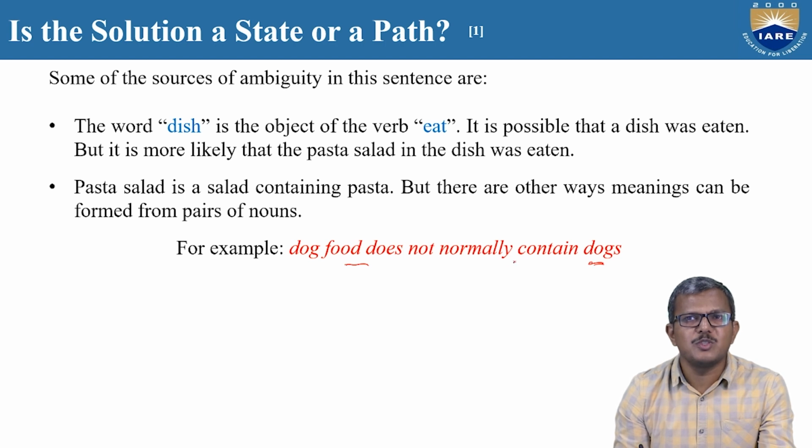So these kinds of complex problems are related to natural language problems, which need some common sense reasoning. If your problem statement has these characteristics, then your solution will be a state in a given world. Of course, it is not a path.